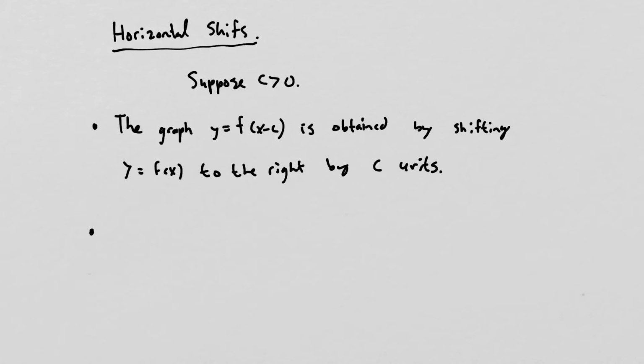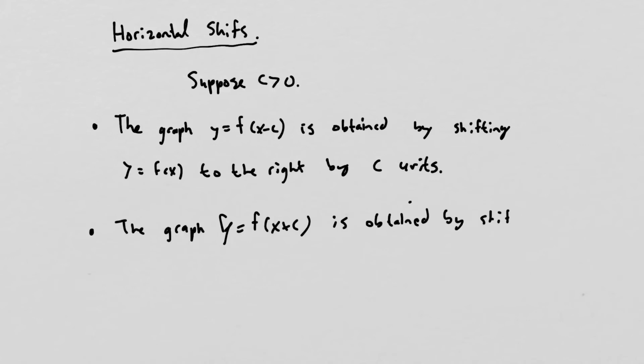And in the other direction, the graph of the function y is equal to f of x plus c is going to be obtained by shifting the graph of the function y is equal to f of x to the left by c units.